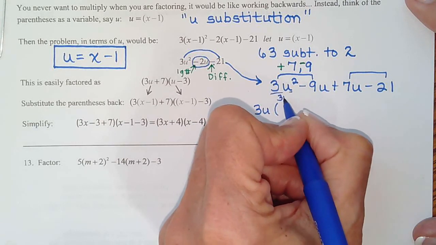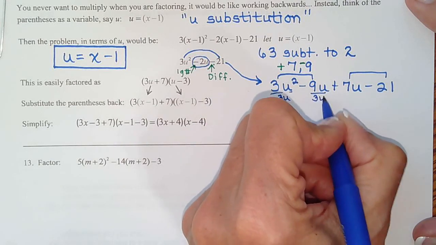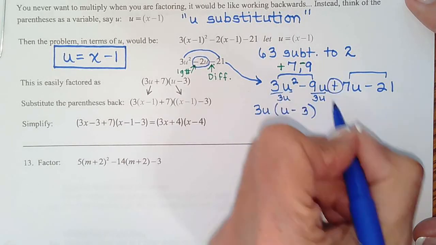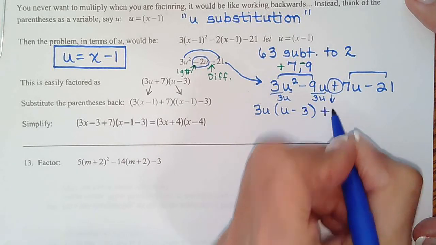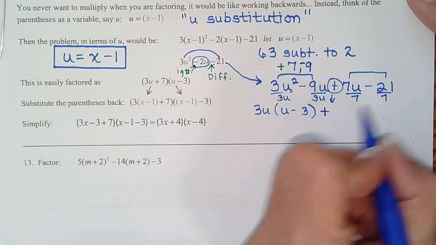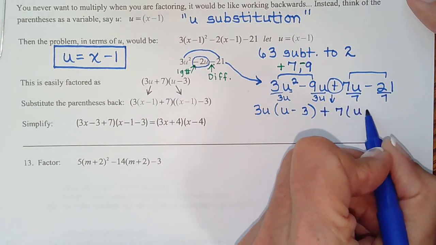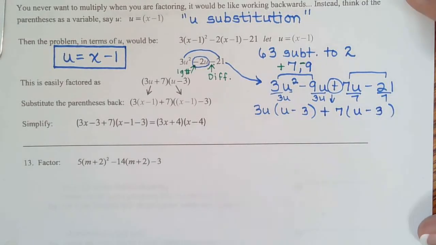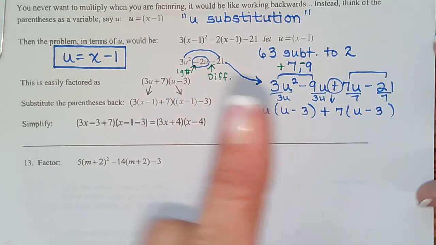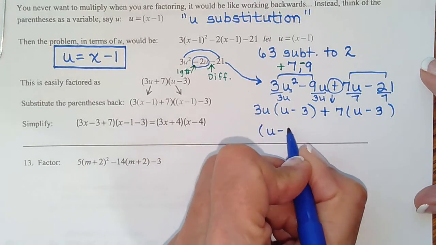So divide each of these by 3u, and we get u minus 3. Bring down the middle sign just like we did on the last 4 problems. And then the GCF here is 7. Put the 7 out in front and you get u minus 3. And then this is when you get excited. Matching. So that tells me I'm on the right track.